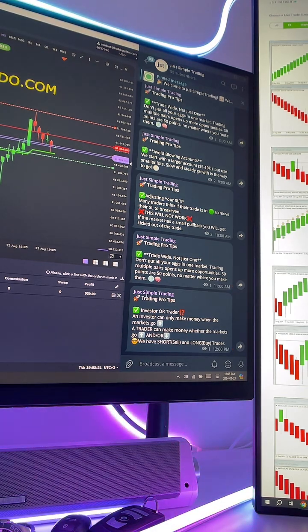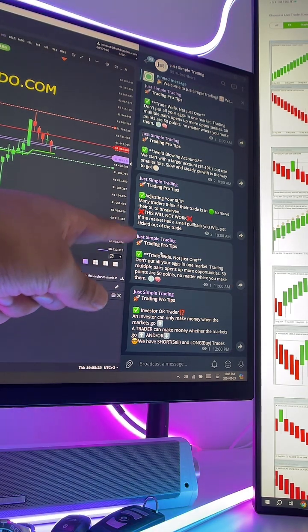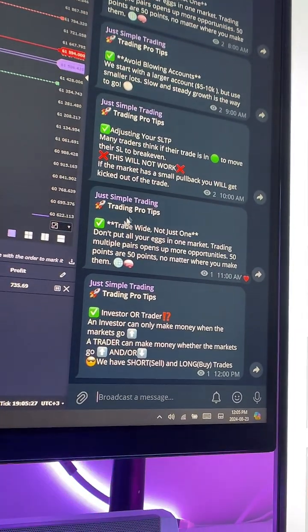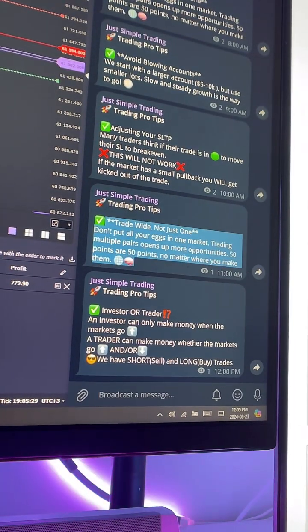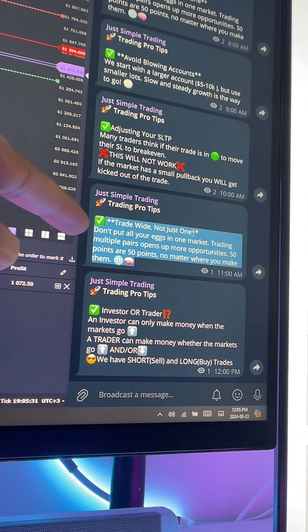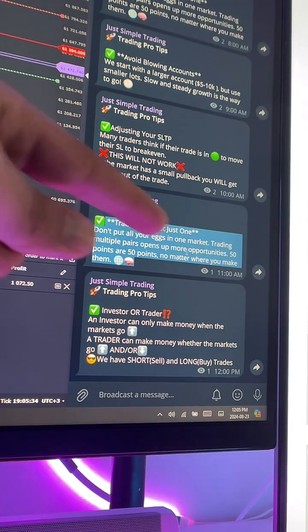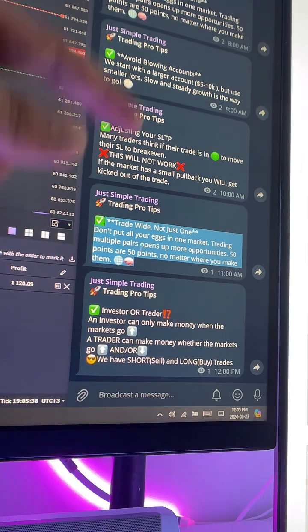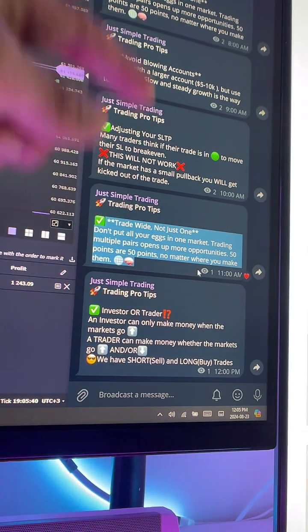So for example, right here, this is exactly what I was talking about. Remember? So this trading tip is actually amazing. Trade wide, not just one. So don't put your eggs all in one market. Trading multiple pairs opens up more opportunities.